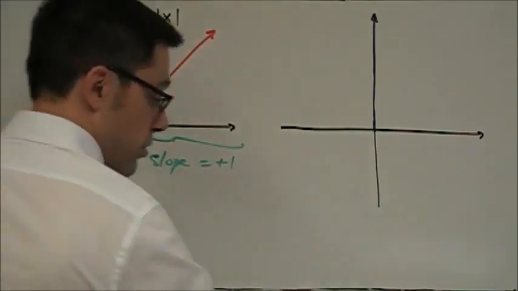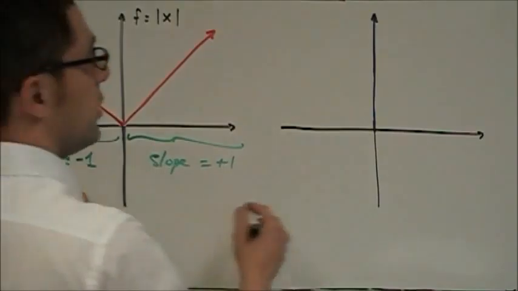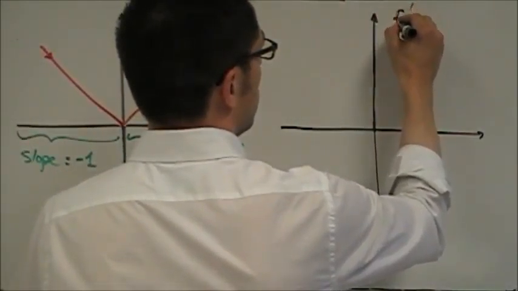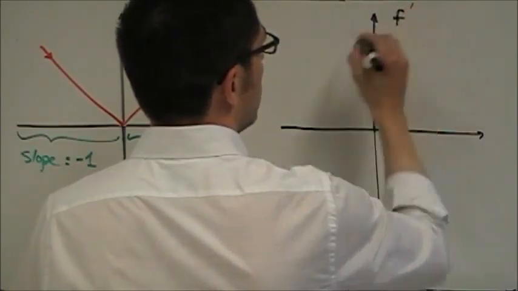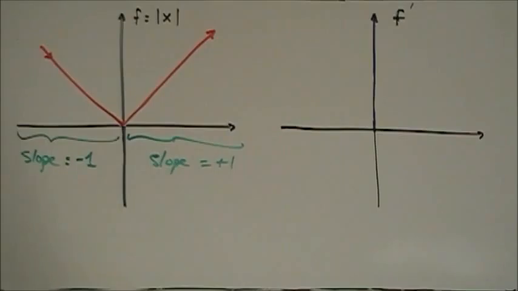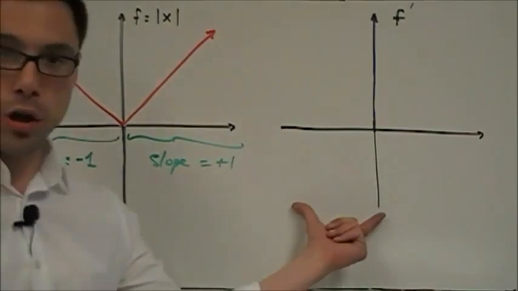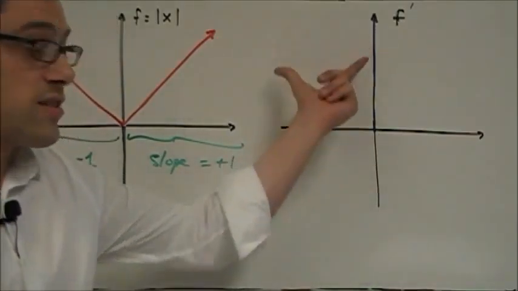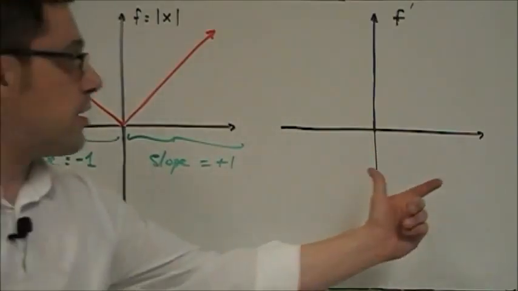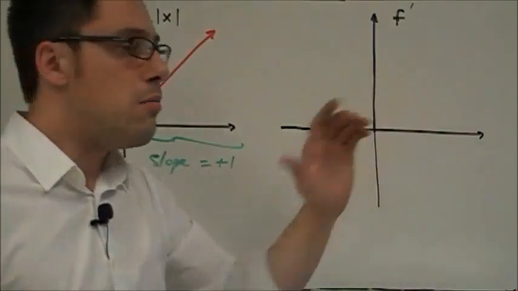We can still draw the picture of its derivative. So let's draw the picture of the derivative of this function in blue. I'm going to write this as the derivative of f, right over here. We're going to use the same techniques we've used in the past: if the slope is negative, we draw it below the x-axis, the horizontal line, and if the slope is positive, we draw it above.